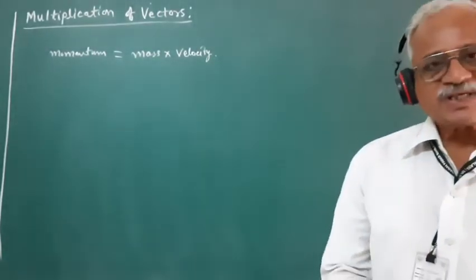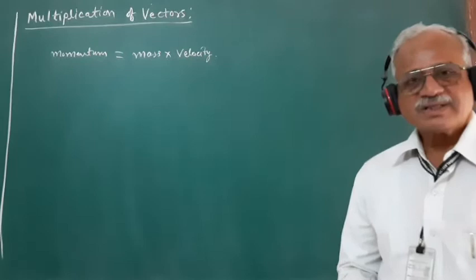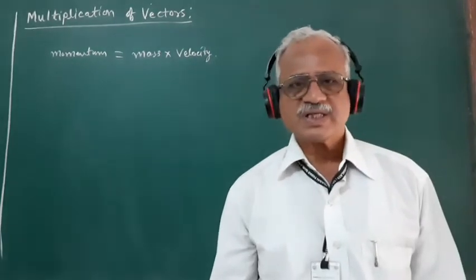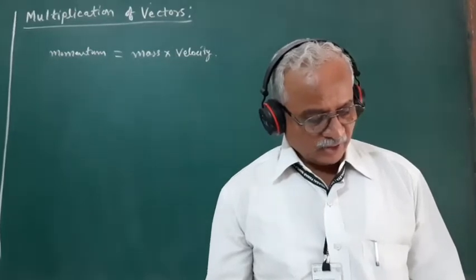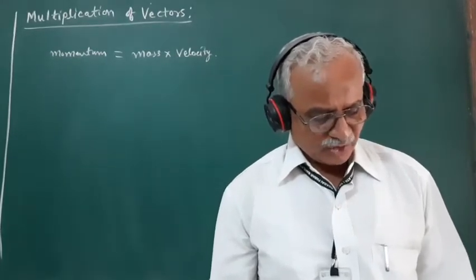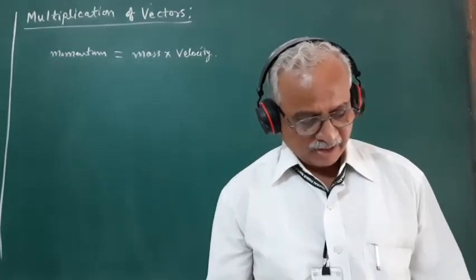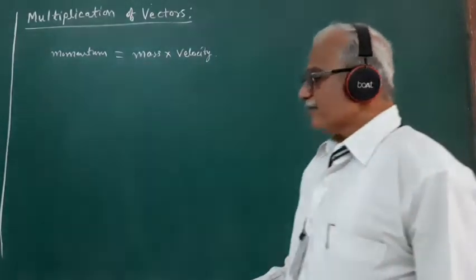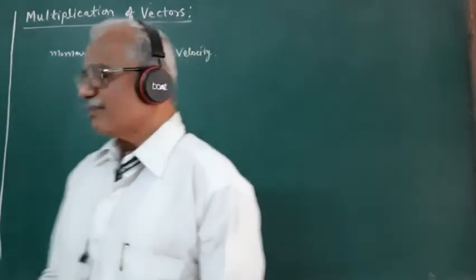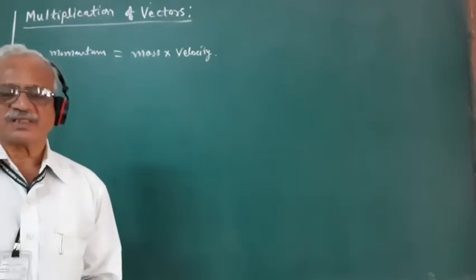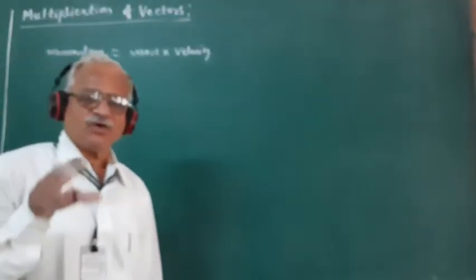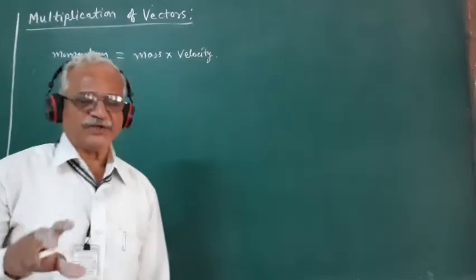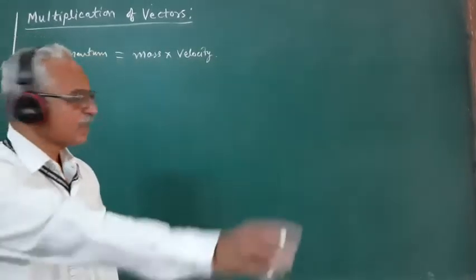For this purpose, there exist two distinct rules or kinds of multiplication of the vectors, depending on whether the multiplication of the two vectors results into a scalar quantity or it results into a vector quantity.